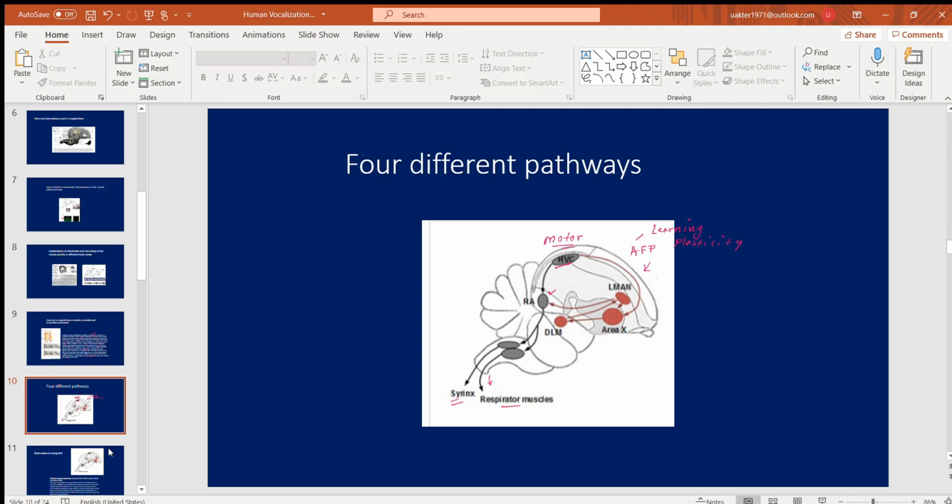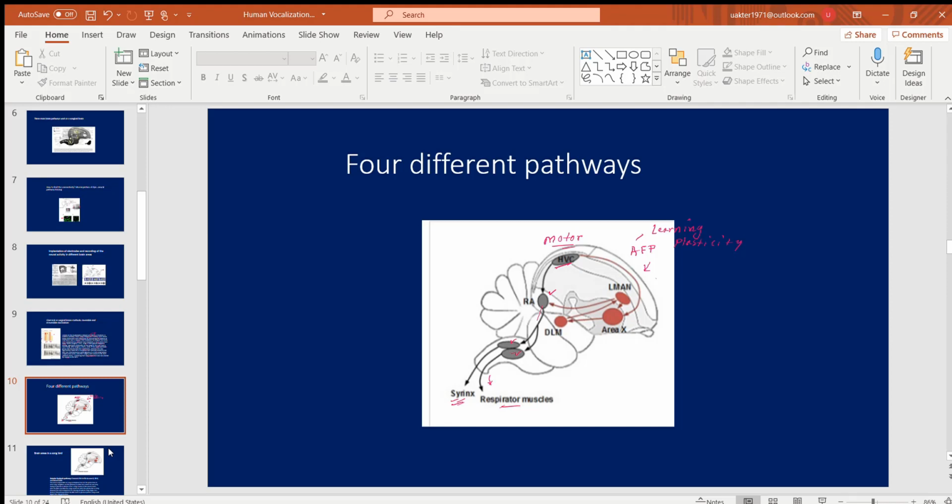So you see the output from RA is going to these two separate nuclei, and from one nucleus, signal is going to the syrinx, and from another going to the respiratory muscles to produce the sound. Okay, vocal output. So that is the motor pathway, right?